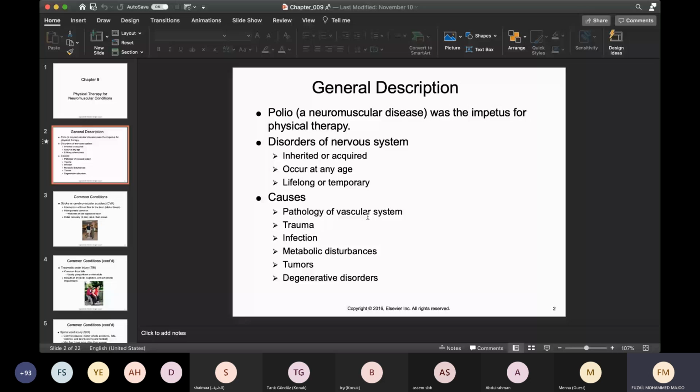So, motor control theories and approach. This addresses how movement is organized and coordinated. Now, the theoretical basis of traditional approaches is not supported anymore. Proprioceptive neuromuscular facilitation, or PNF.